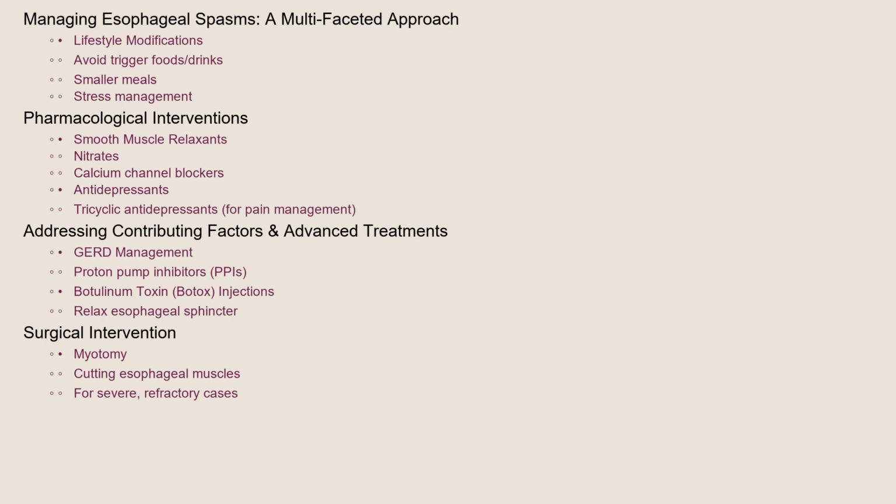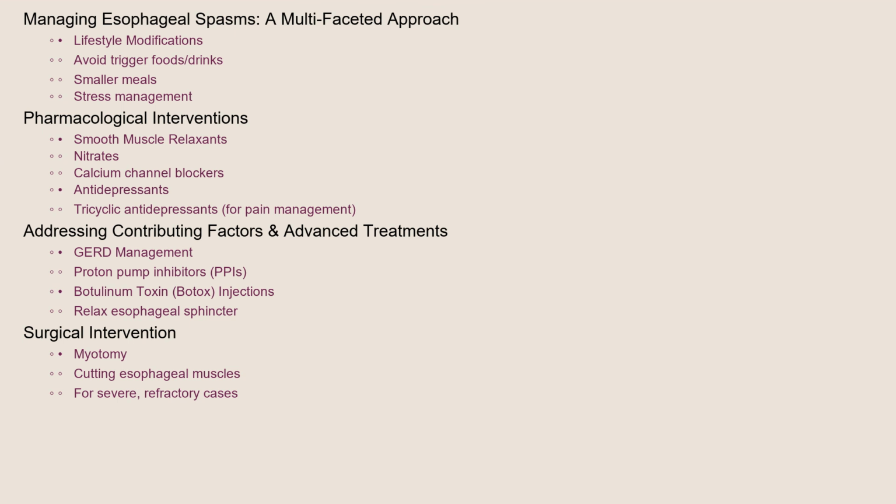Managing esophageal spasms often involves a multi-faceted approach tailored to the individual's symptoms and the severity of the condition. Lifestyle modifications, such as avoiding trigger foods and drinks, eating smaller meals, and managing stress, can be helpful. Medications, such as smooth muscle relaxants like nitrates and calcium channel blockers, can help reduce the frequency and intensity of spasms. In some cases, antidepressants, particularly tricyclic antidepressants, may be prescribed to help manage pain and reduce the perception of discomfort.